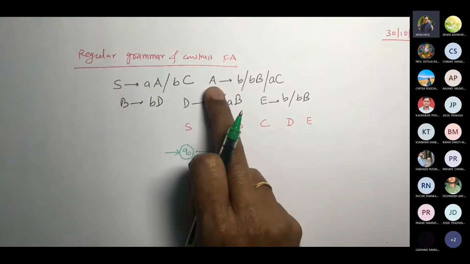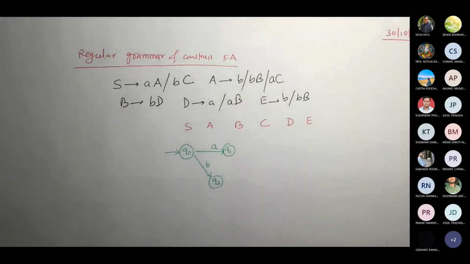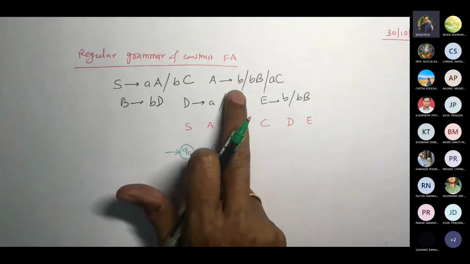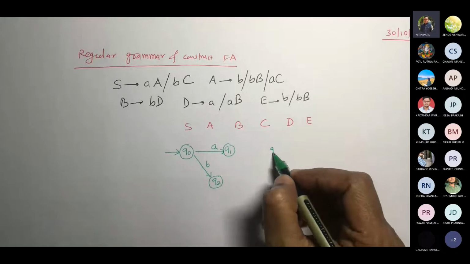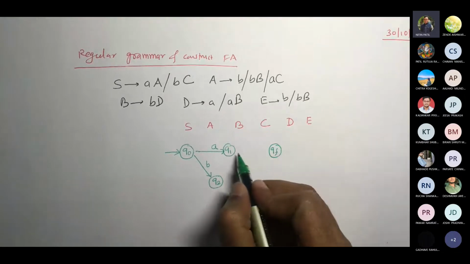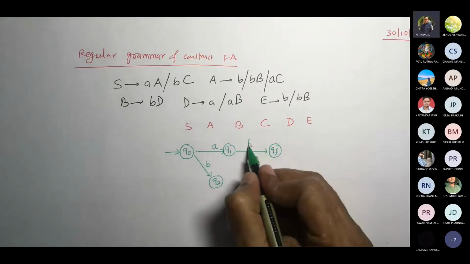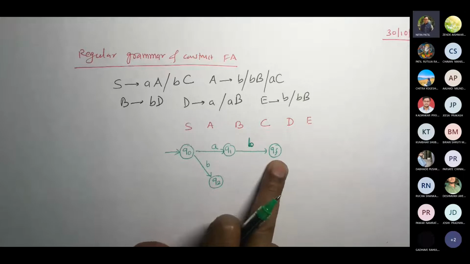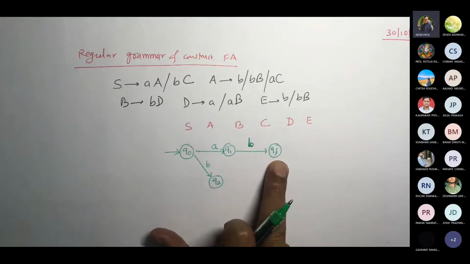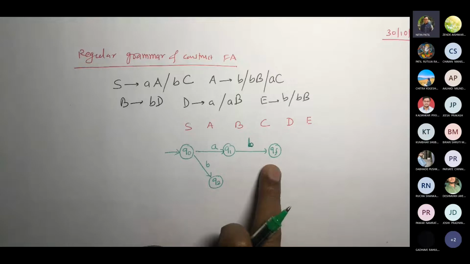Now from A we have to move further. A gives B. So we'll have QF as the final state. I am giving QF because I don't know what number to give, so I'm assuming this is the final state QF.